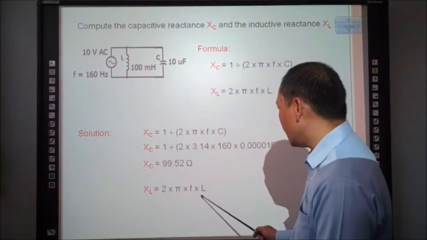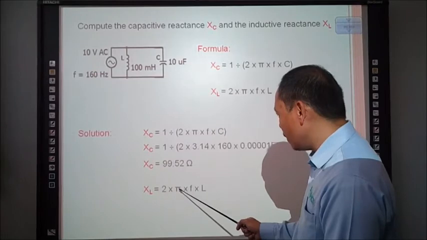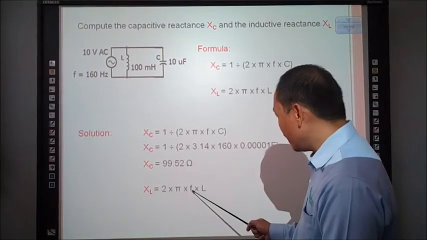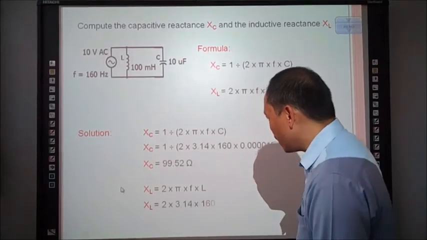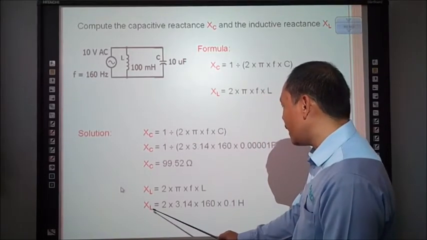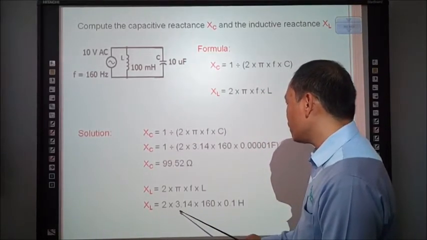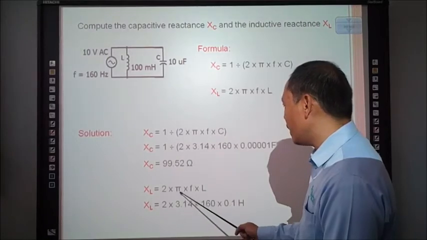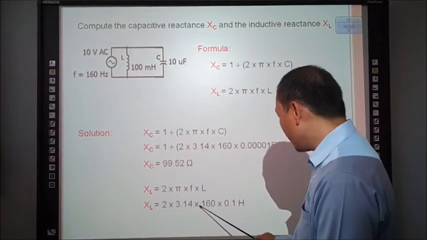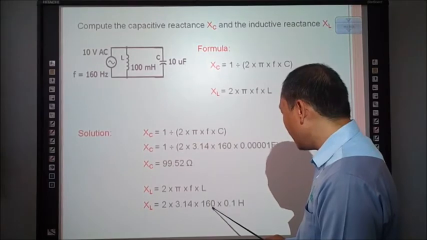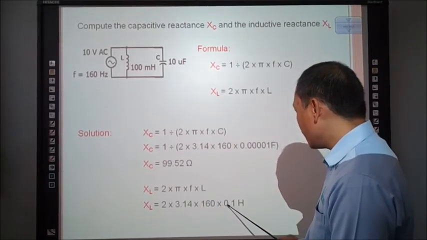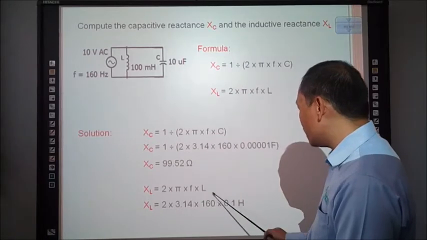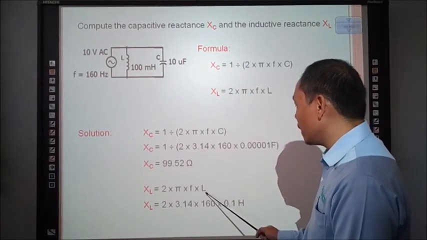Next, we are going to solve for XL, the inductive reactance, which is equal to 2 times pi times F times L. Substitute the values of pi, F, and L. So XL is equal to 2 times 3.14, the value of pi, times 160 Hertz, the value of F, times 0.1 Henry, the value of your inductor.